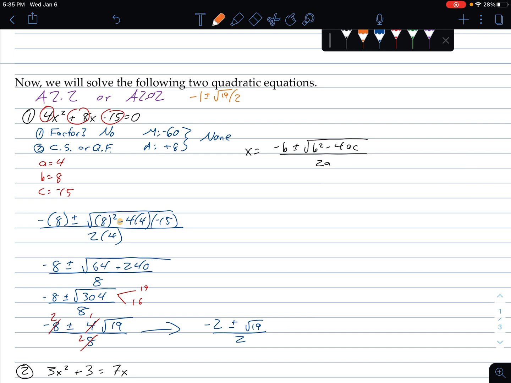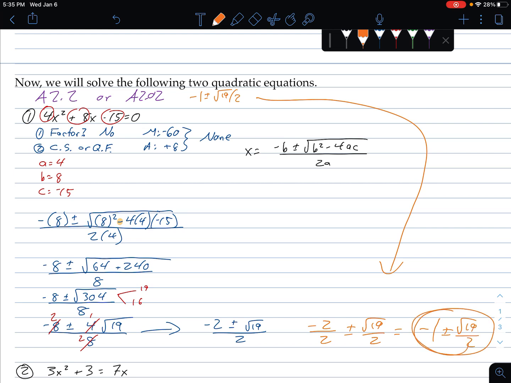And just as we had the other day in async 2.2, if I wrote this as negative 2 over 2 plus or minus radical 19 over 2, I would get negative 1 plus or minus radical 19 over 2. That is the exact same answer as that. Just as expected, I get the exact same irrational, but real, answer.